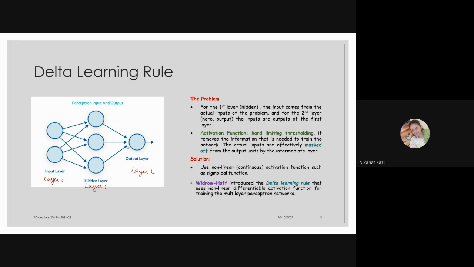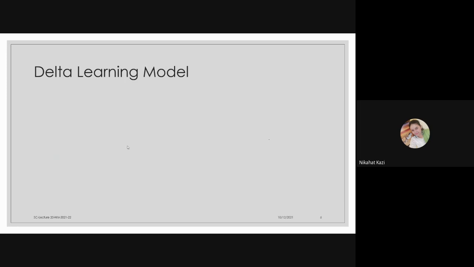So for these learning rules we have seen so far, Hebbian was very simple; it is exactly equal to the net value. Perceptron was again thresholding. Now this rule, the delta learning rule, since it is using these nonlinear activation functions, makes use of some other weight update equation. So we will look at that model first, and then we'll derive the weight update equation for this.